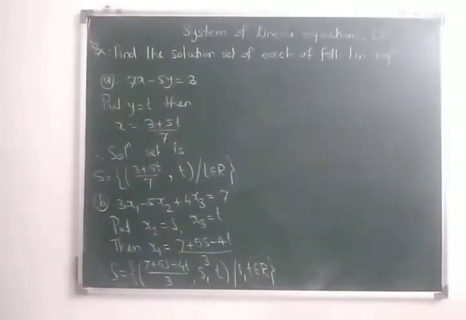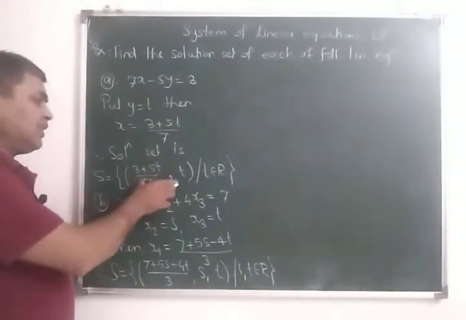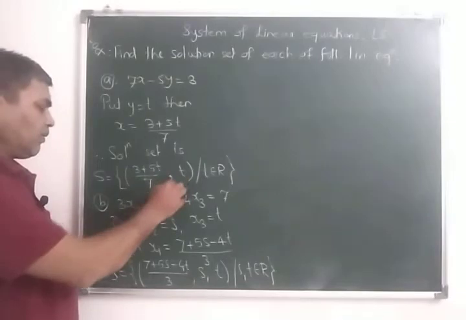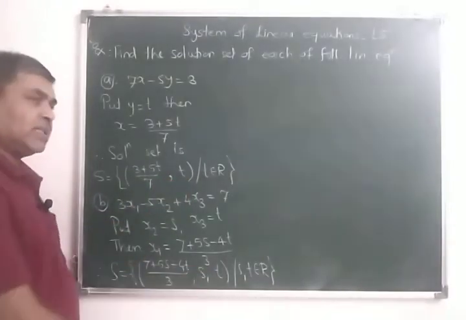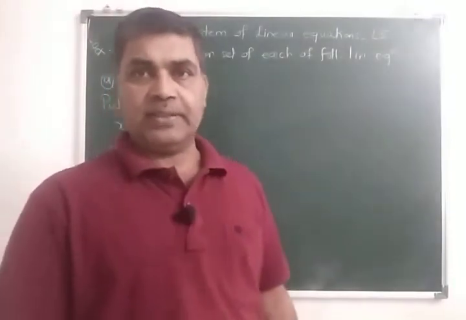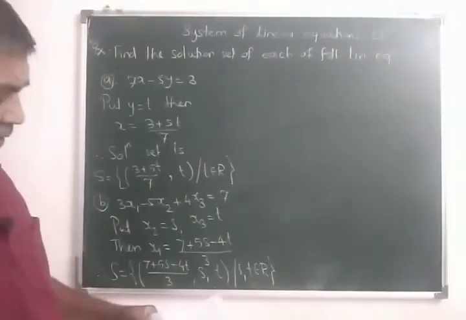This is your solution set. So in this way you can obtain the solution sets. You can write that solution set in row form (x, y), (x1, x2, x3), or in column form also. So any way is allowed.